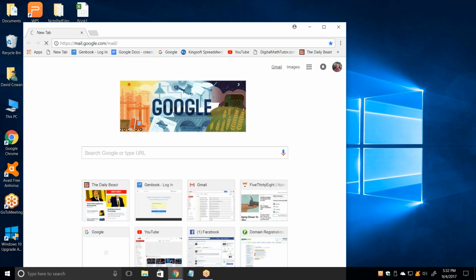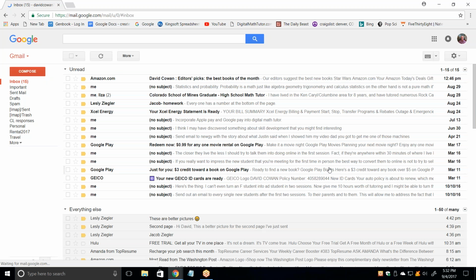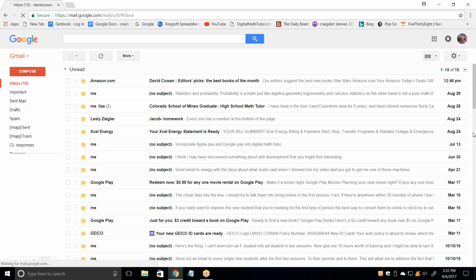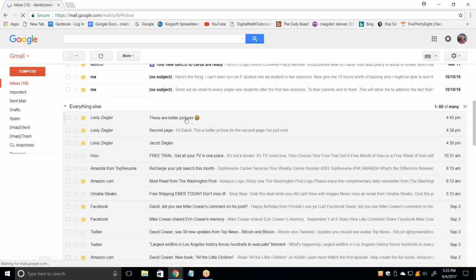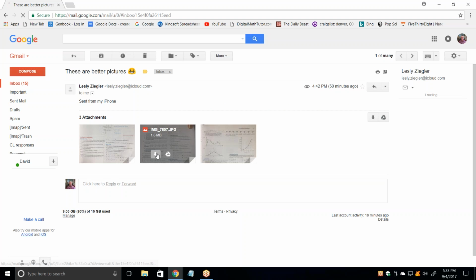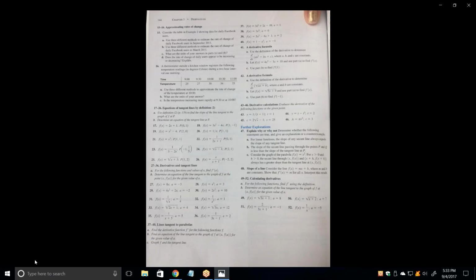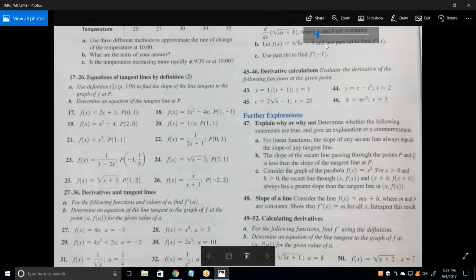I gotta load Gmail again. No worries, man. And then I'm going to have to go down because that's a file that's been seen already. Okay, let's download that first, and then if I open it up, I think I get a clearer image. Yeah, I do, actually.